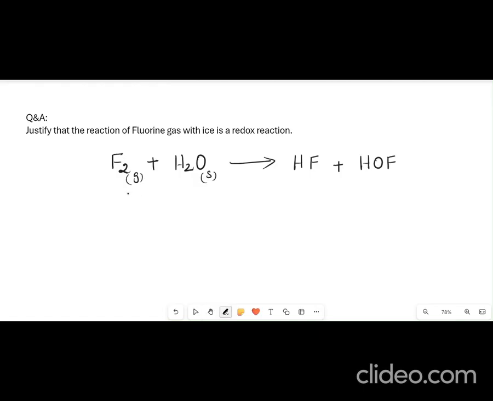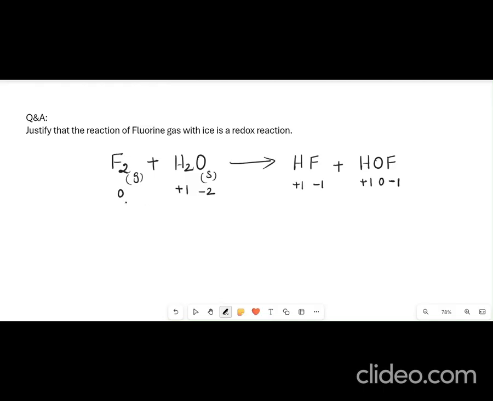So observe fluorine. Fluorine is in zero oxidation state. So hydrogen plus 1, oxygen minus 2. Here hydrogen plus 1, fluorine minus 1. Here what will happen? Hydrogen plus 1, fluorine minus 1, oxygen in the zero oxidation state. Right?